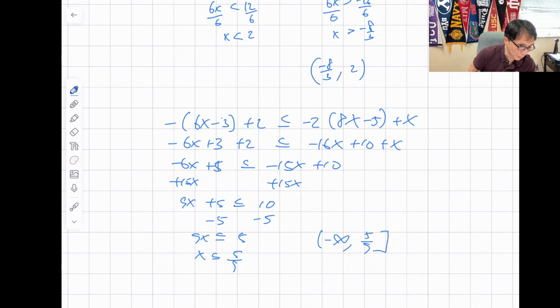Now that one's a bracket, by the way. The answer should be a bracket on that one because it's including that value.